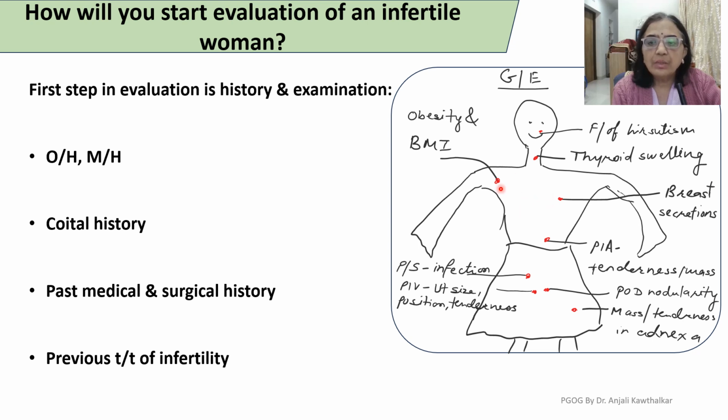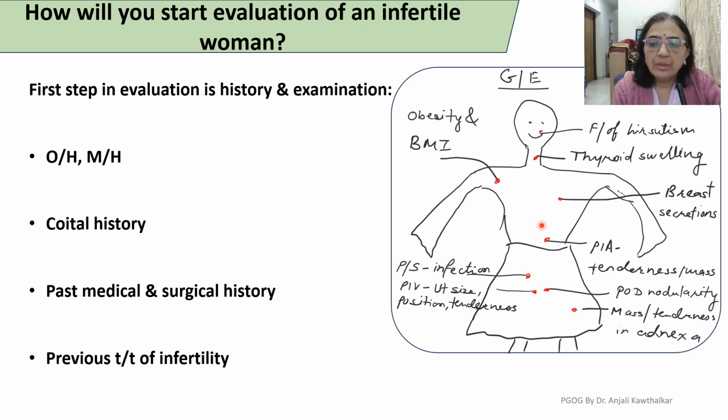So the main aim of telling you this experience of my own is to stress the examination. Simple examination can give us so many clues, and if we miss that, unfortunately, patients are just being given some drugs for induction of ovulation, or some over-the-counter drugs are sometimes given, or patients are just going from one hospital to the other with an unfortunate outcome like this.